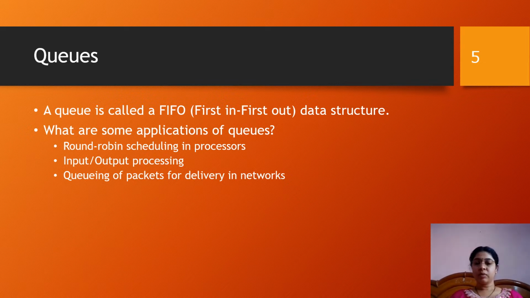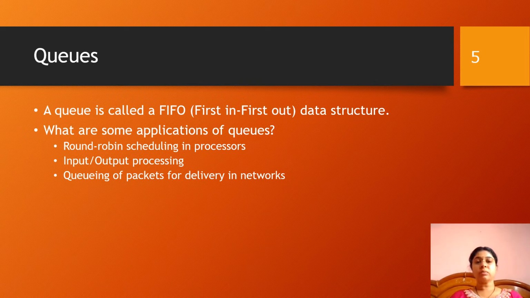Because whenever we add elements in a queue, the operations are performed on a first come basis. So it is first in and first out. Whoever comes first is served first and finishes their work first.